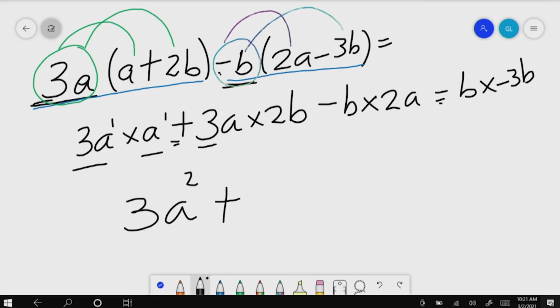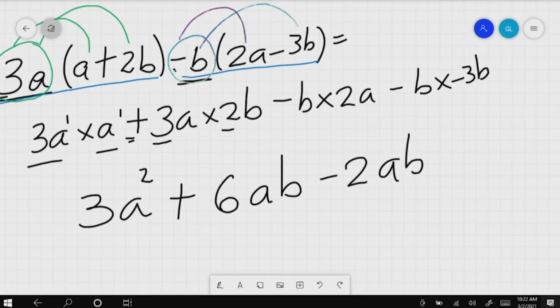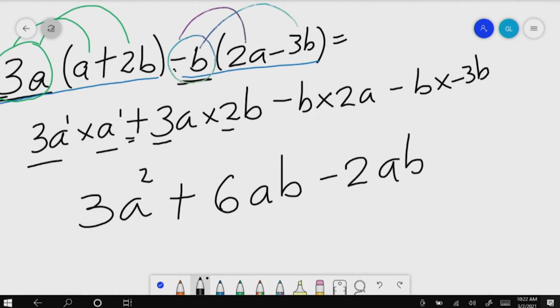Plus 3A times 2B gives us 6AB, minus B times 2A gives us minus 2AB, and minus B times minus 3B gives us a positive 3B squared, multiplying algebraic terms, a negative by a negative gives us a positive, the power raised to 1.